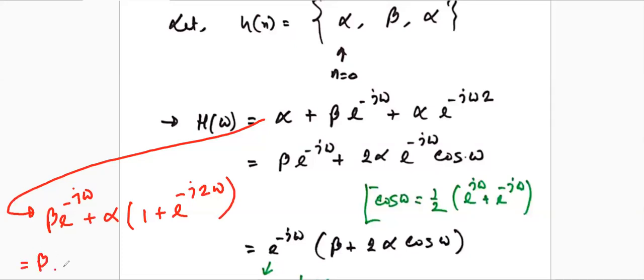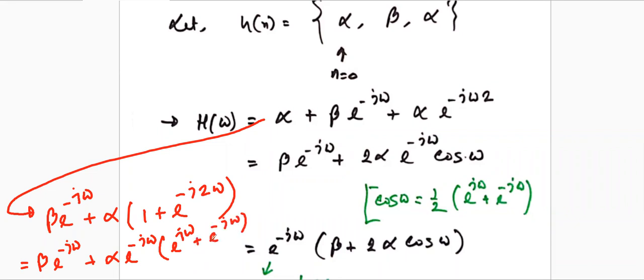So beta e to the power minus j omega plus this alpha, I need to take common e to the power minus j omega. If I take a common of that, we have e to the power j omega plus e to the power minus j omega.